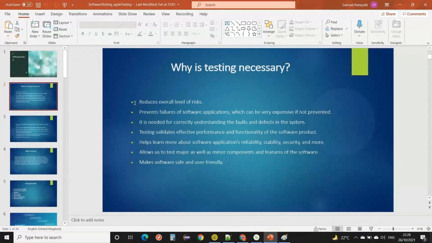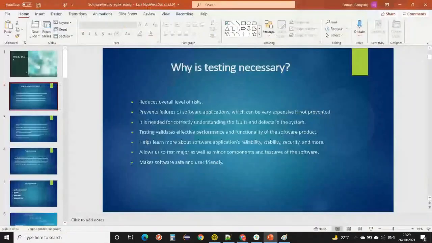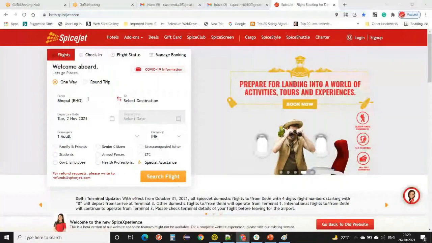Testing validates the effective performance and functionality of the software product. Only with testing can we validate that it is effective, that it is as the client expected, and that the functionality is working correctly.